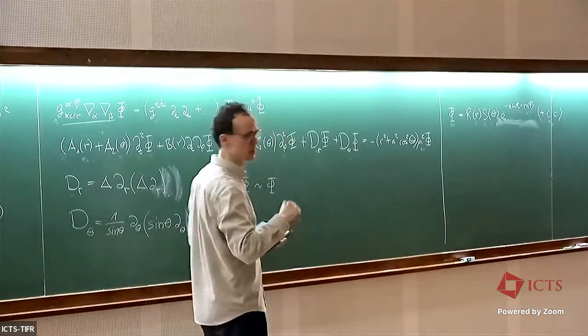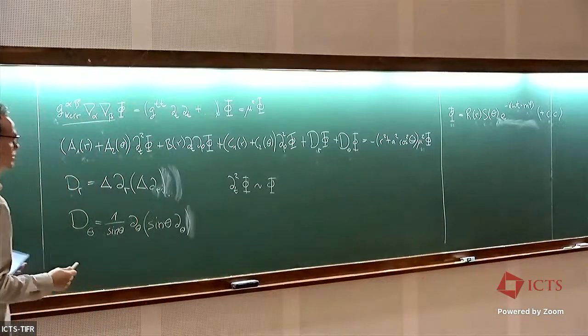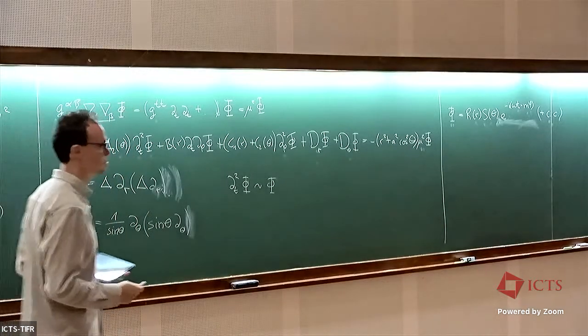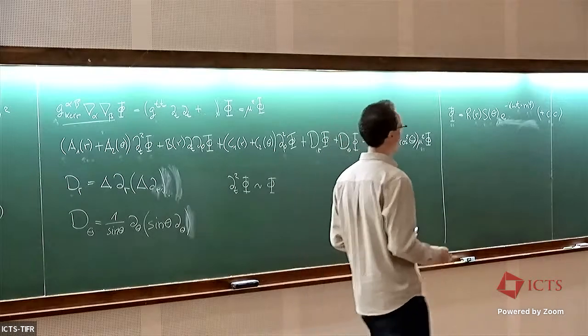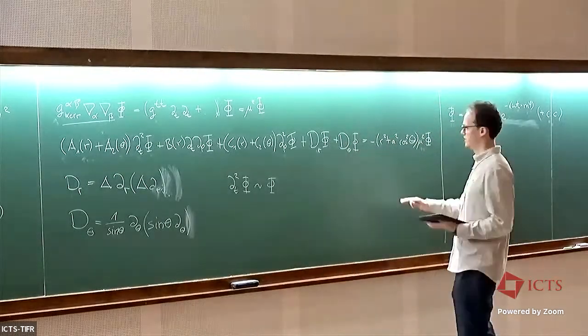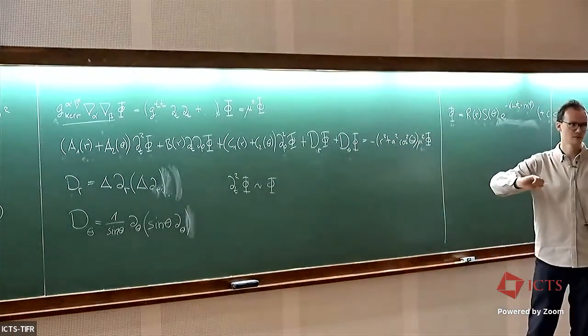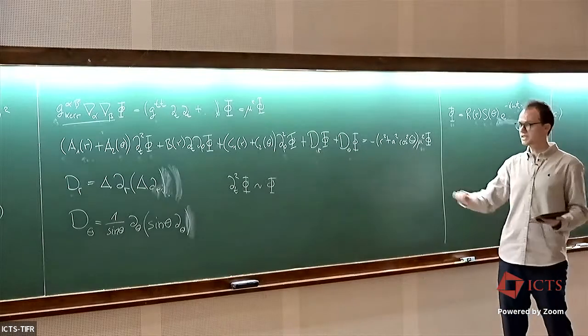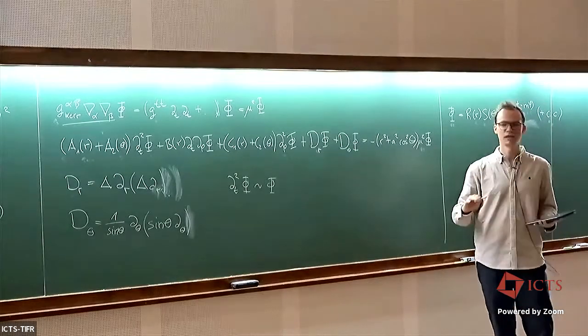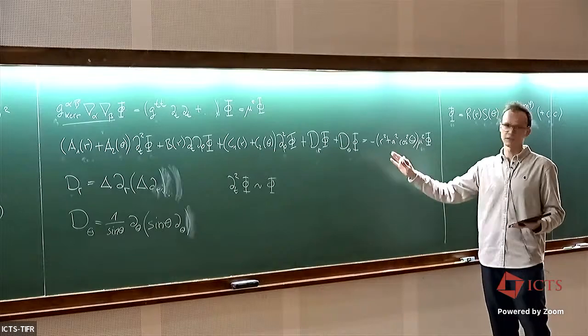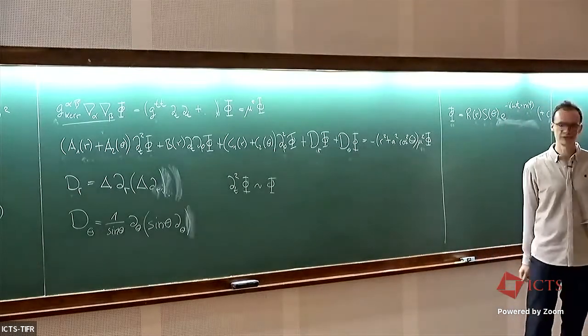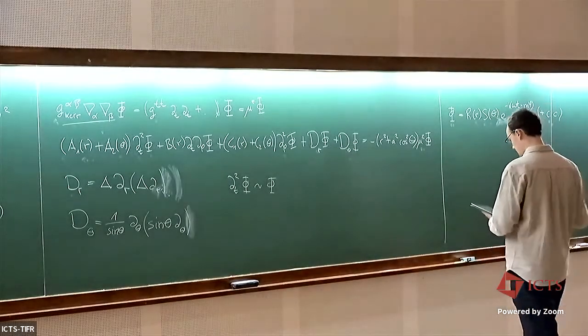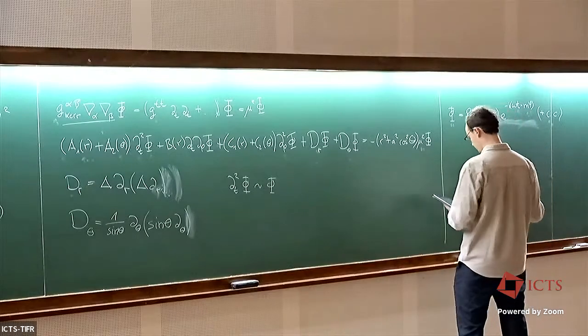And so that way you can apply separation of variables. You can introduce a separation constant and then get two equations from this one equation. Now the details of this you're going to work out, but it's basically the standard approach to solving these equations.